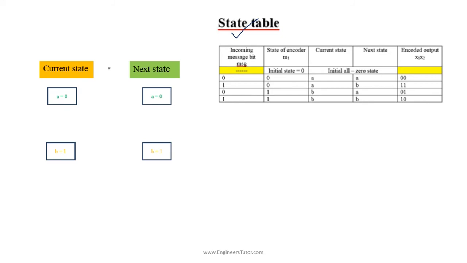Now we try to draw the trellis diagram for the given convolutional encoder. On the left hand side we use the current state, on the right hand side we represent the next state. Suppose we start from the all 0 initial state.